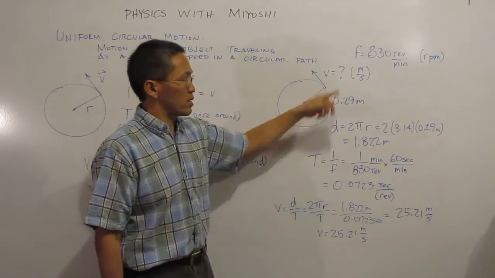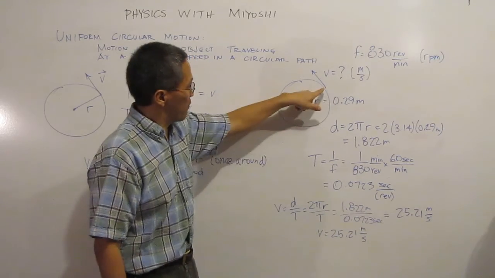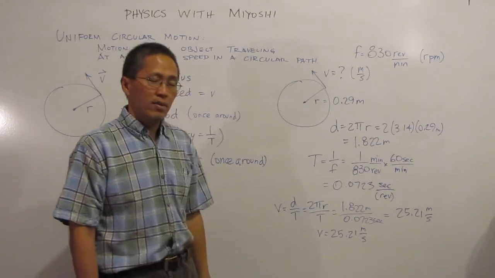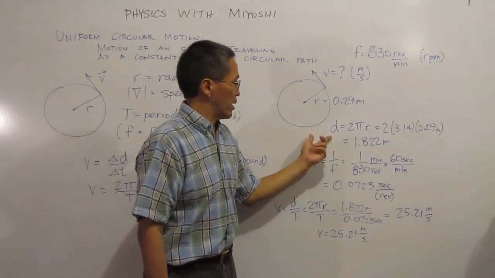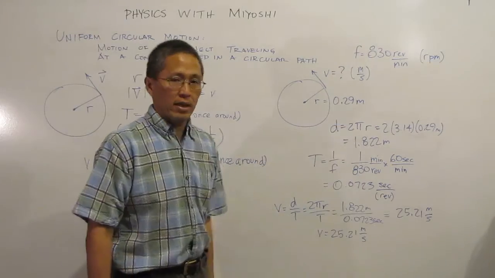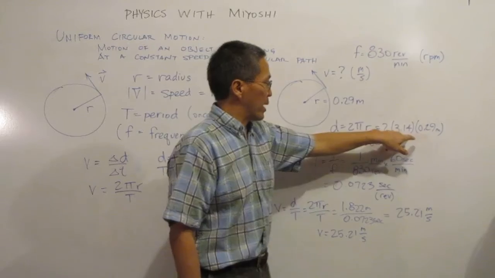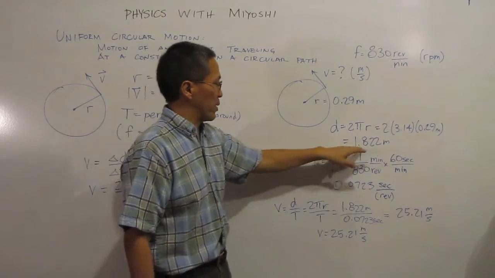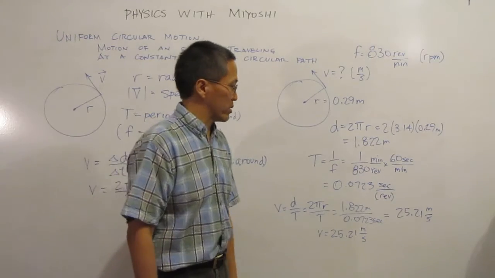And so what is the speed that a point on that wheel would go around and around as we think about it? So if we think about our d, or going back to our kinematics again, our d is 2 pi r again. So it's 2 times pi times 0.29, which is our radius. And we come up with 1.822 meters.